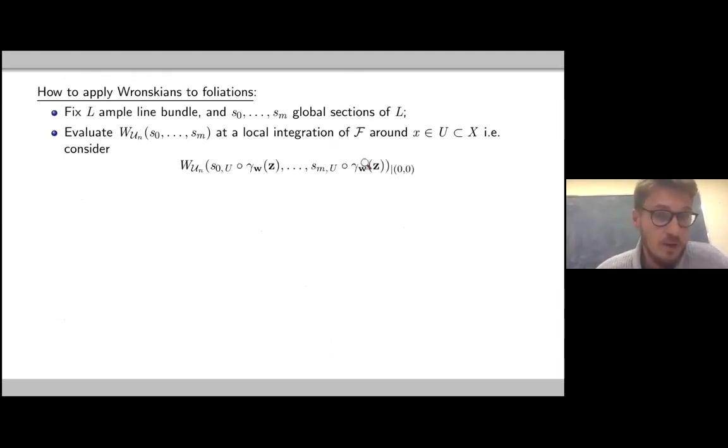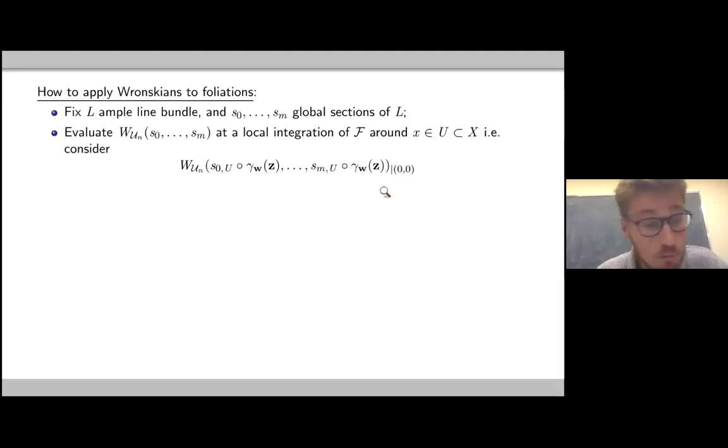And so actually we can do so because this is a family, parameterized by W, of germs of maps locally from C^p. So if we pick a trivialization of our line bundle, we can write our sections in it, and evaluate as we did in hyperbolicity. This we can do.